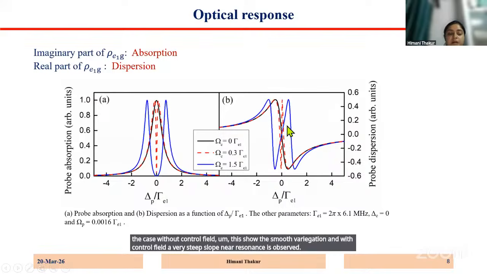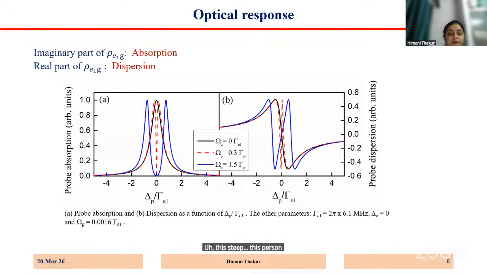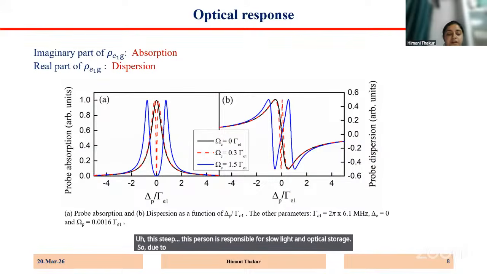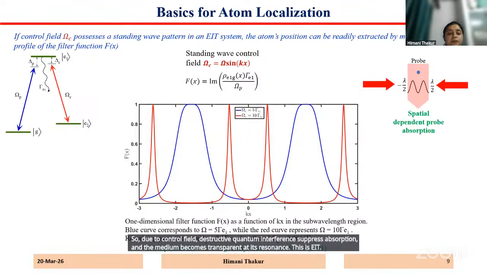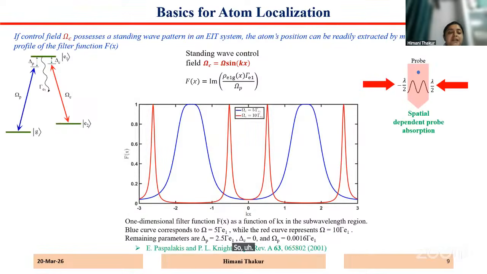This steep dispersion is responsible for slow light and optical storage. So, due to the control field, destructive quantum interference suppresses absorption, and the medium becomes transparent at resonance. This is EIT.